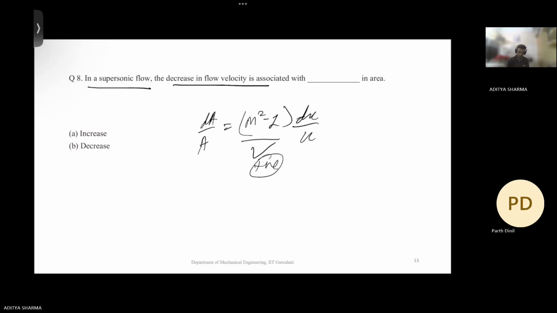The decrease in flow velocity means this thing is negative. So positive, negative, negative. So dA has to be negative, which means your area is going to decrease. I hope this is clear. B is the correct option.